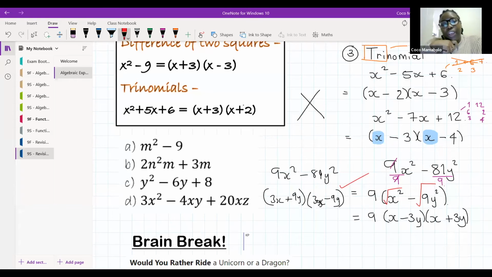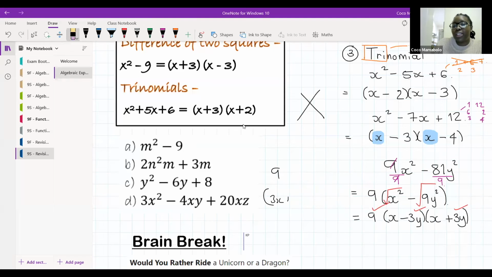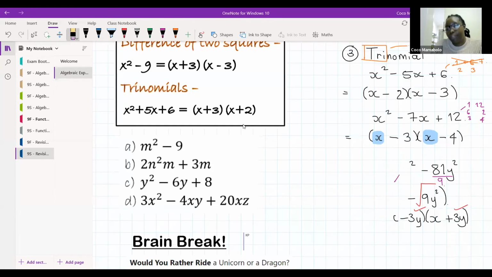You failed to do the first thing that you need to do. So we're only going to give you 1 mark instead of 3. Whereas with my answer, we get 1, 2, 3 marks. Be very careful. We always start with factorization, highest common factor.